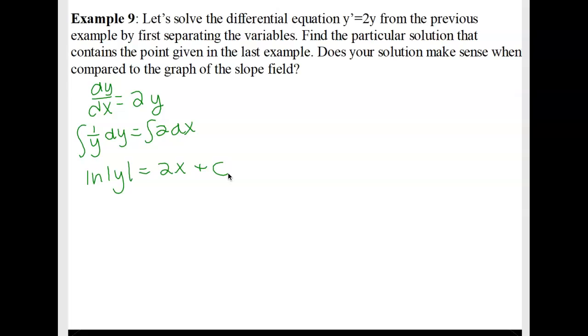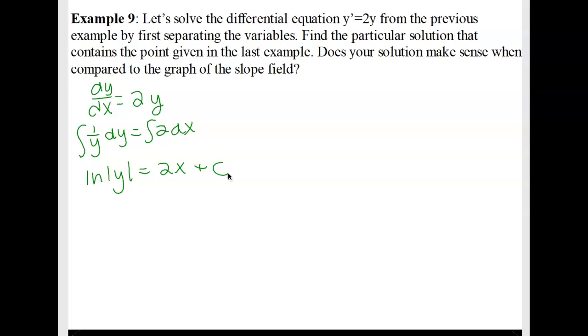But this is where you asked me about the absolute value of y. This is where it's going to come into play, because our particular solution was on the bottom. Therefore, we're going to need a negative in our final answer when we find c. The absolute value is going to go over as a plus or minus, because there's only one absolute value this time.